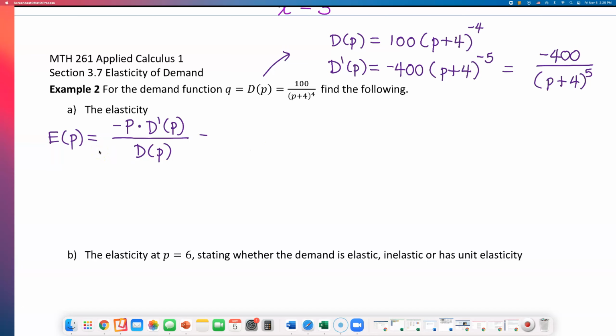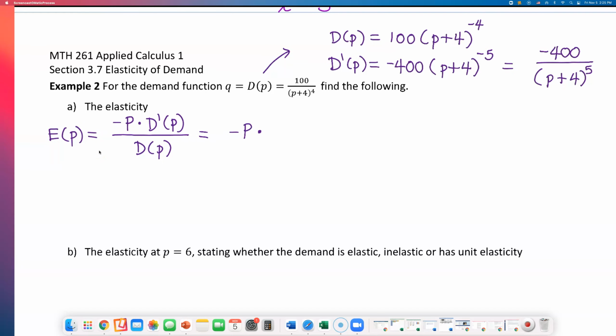So here I go. I will have negative P times D prime of P, and I'm writing down this numerator first, okay? Negative P times negative 400 over (P plus 4) to the 5th power. But I have to divide this by D of P. I'm dividing this by this fraction.